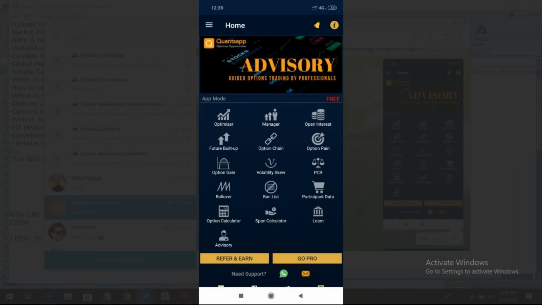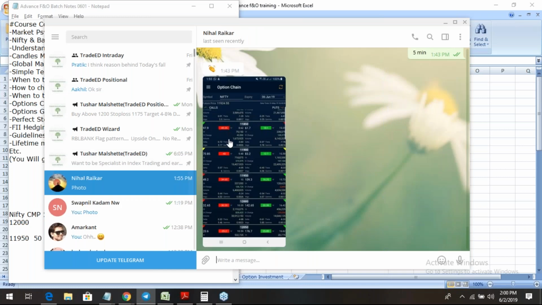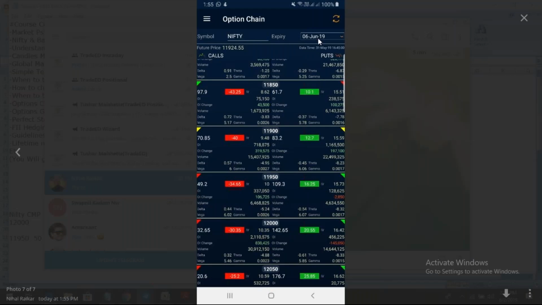Please go in Concept application right now and go in option chain, quickly. Okay, now if you go in option chain, you will see this 6 June expiry, right?